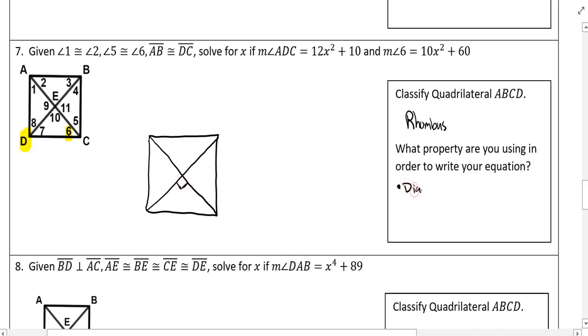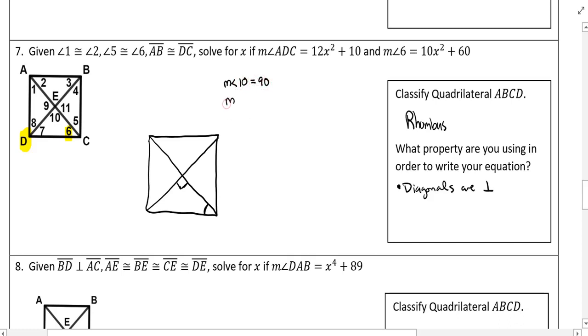Diagonals are perpendicular. Angle 6 we have, and we could say that the measure of angle 10 is 90. I'm going to write that here.